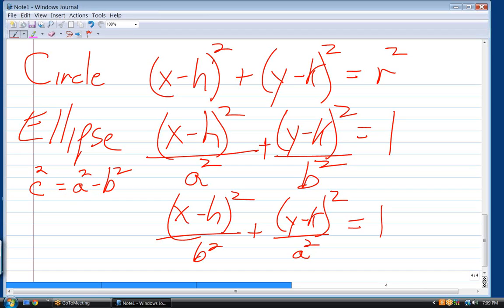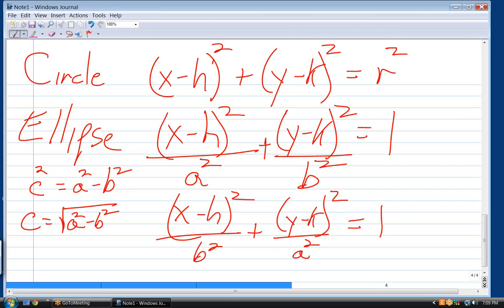If you get your a and your b wrong, you'll notice that c is the square root of a squared minus b squared. If I get them backwards by mistake, and I'm trying to solve for c, I'm going to be trying to take the square root of a negative number.